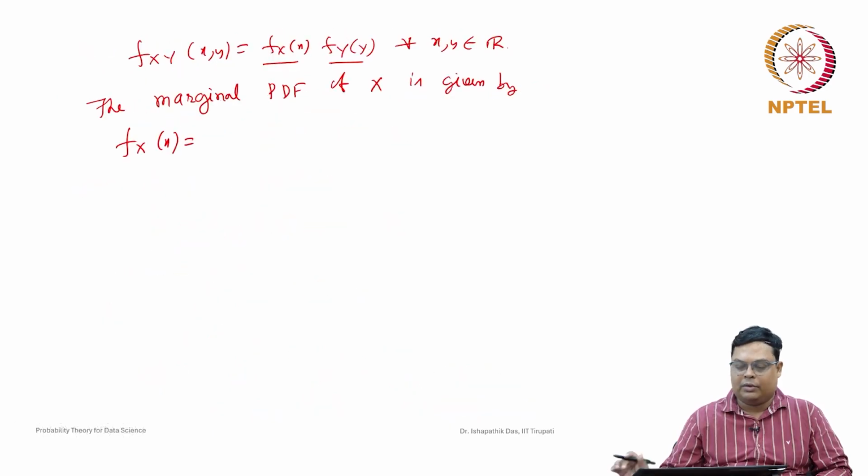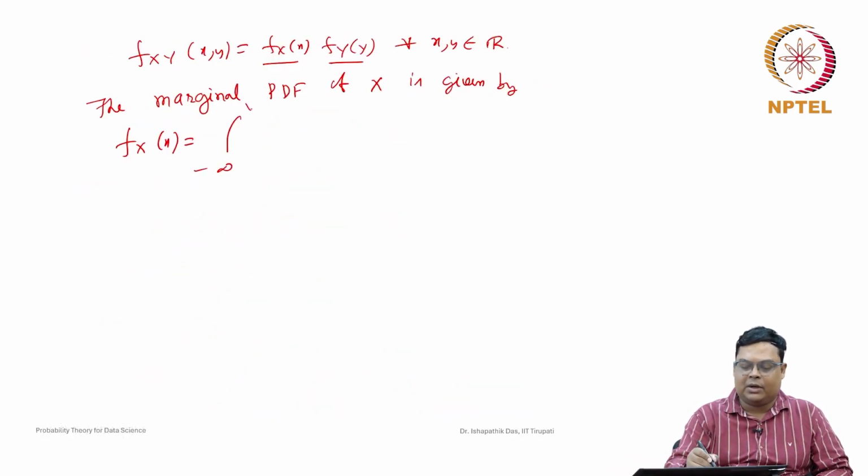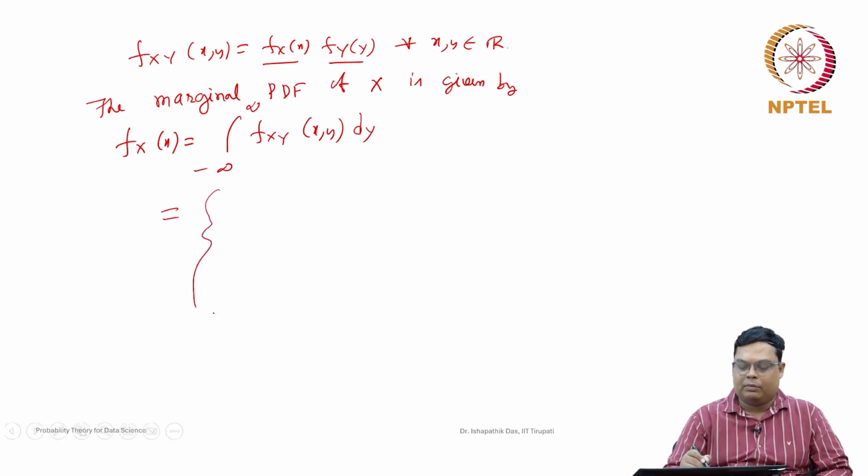How do we find it? We integrate over the whole region of y, from minus infinity to plus infinity, of f_XY(x,y) dy. Now, if x is between 0 to 1, then this function is k x y. So, this is the integral from minus infinity to plus infinity of 4 x y dy, where k we found is 4, otherwise it is 0.